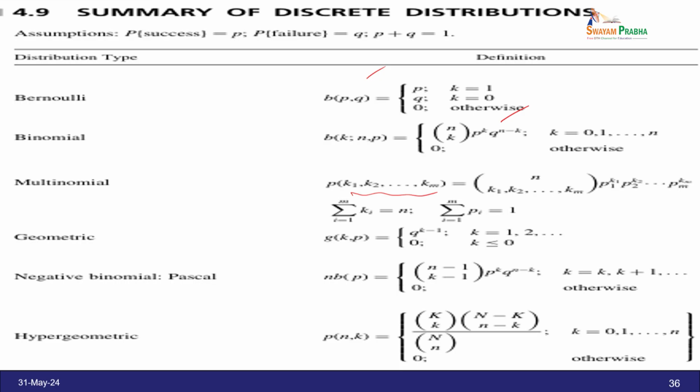Here the summation of all ki is equal to n, and the summation of all Pi equals 1. The geometric distribution is G of k comma P equal to P Q power k minus 1, where k varies from 1 to infinity, otherwise it is 0. For the negative binomial, apply the Pascal triangle: n minus 1 C k minus 1, P power k, Q power n minus k, is the generalization, otherwise it is 0.